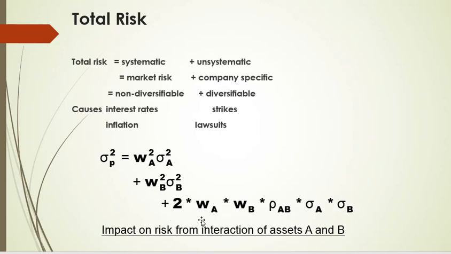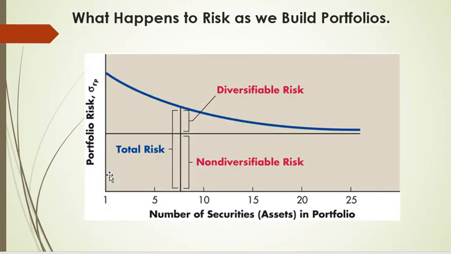So this piece will now be a negative number, but it will be the largest negative number it can be. That large negative number will subtract from these numbers, which could ultimately reduce the variance to a very low number. Right? So again, as we add things together, we're going to find that we get diversification.